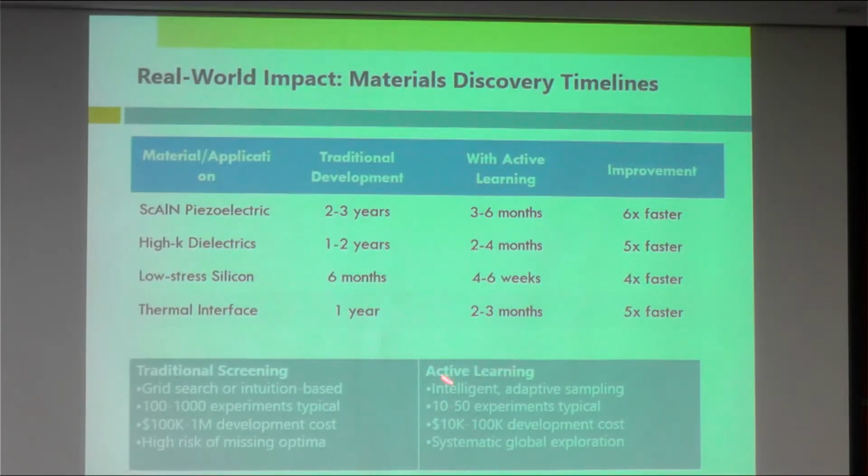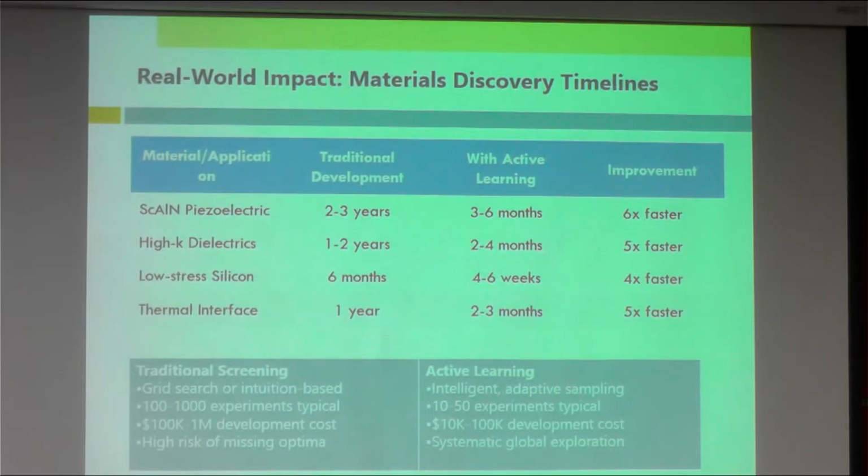But instead of that, active learning is a more intelligent and adaptive sampling, meaning you have your materials and the properties that have been reported, then you label them according to the property, the exact accurate property.